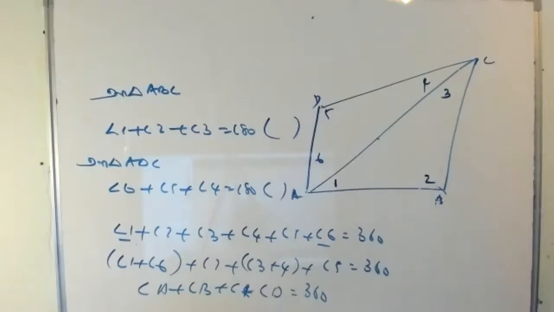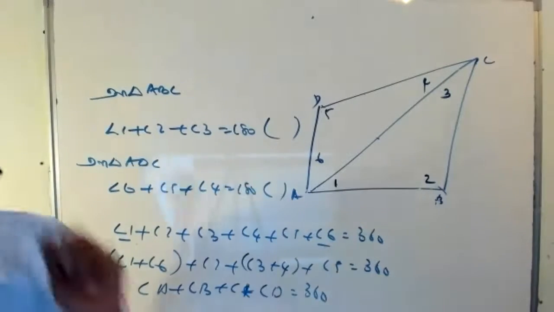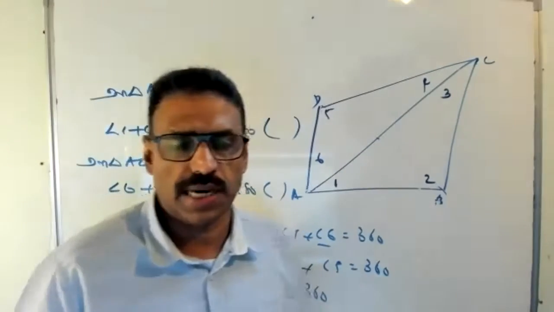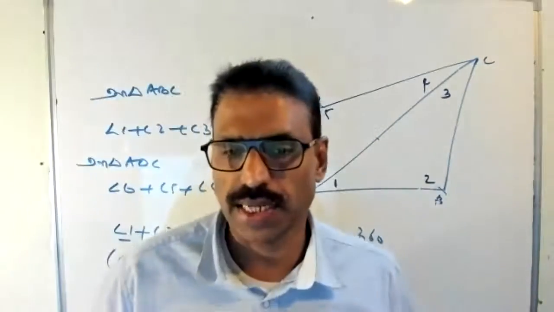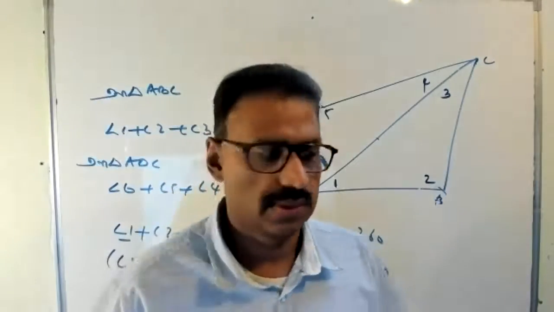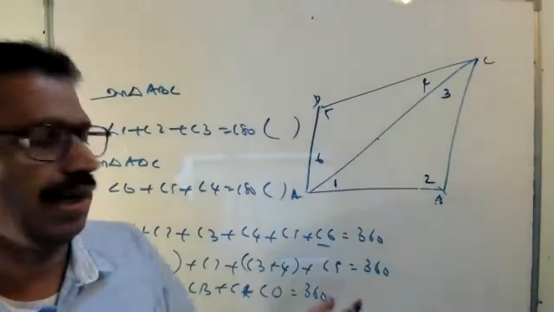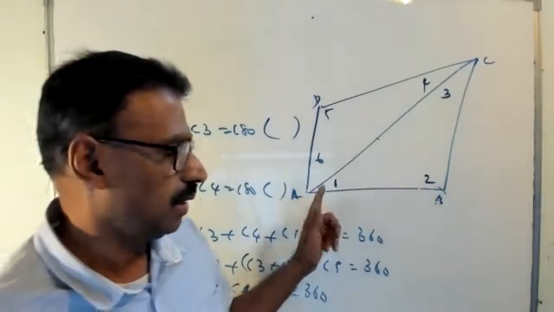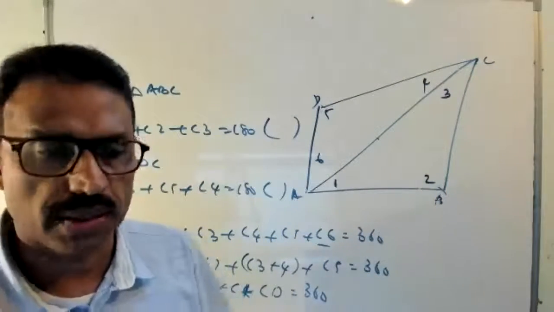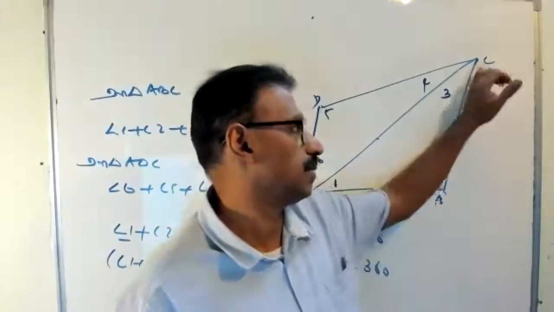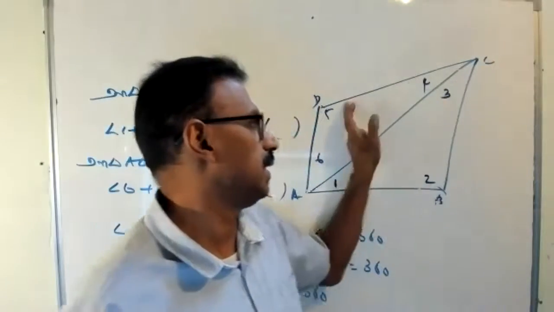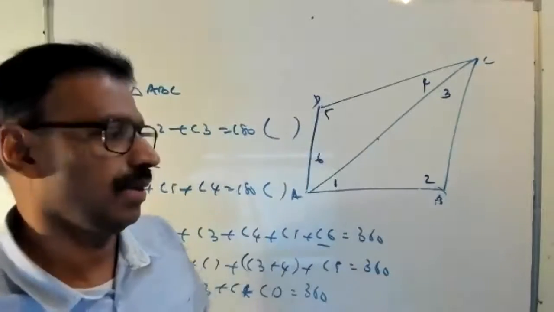Okay. So these are the common characteristics of quadrilaterals. Once again, I tell you, a four-sided closed figure. A quadrilateral has four sides, four angles. Then we learn adjacent sides. Adjacent side means there will be a common point like AB and BC, BC and CD, CD and DA, DA and AB.